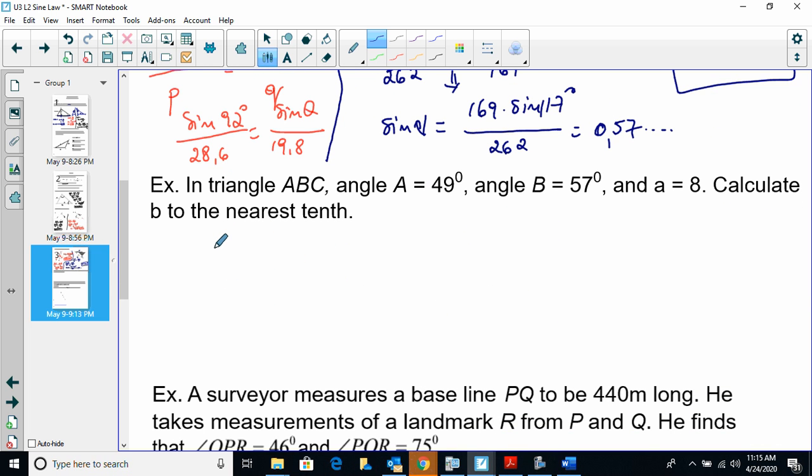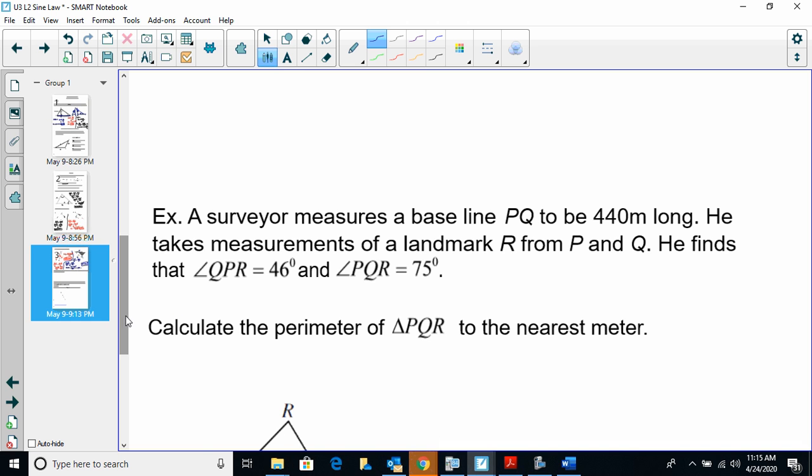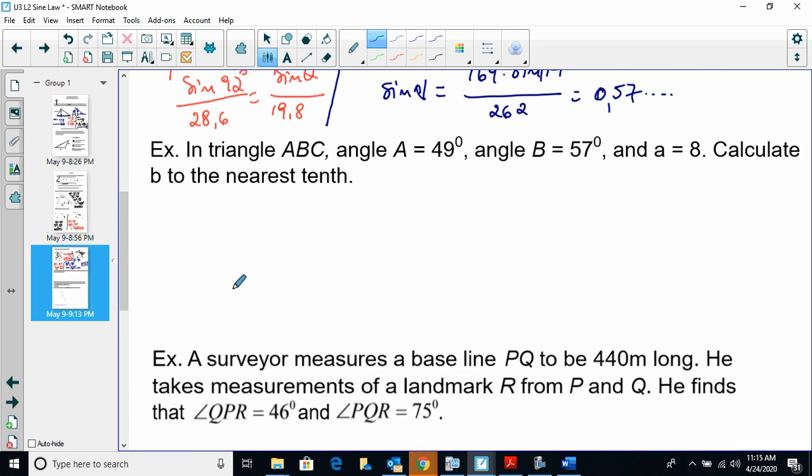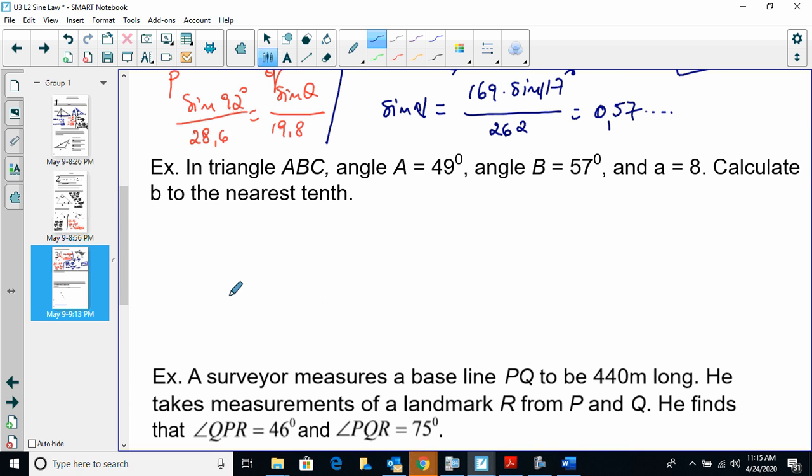Now we have another example on triangle ABC. The angle A is 49, angle B is 57, and a is 8. Calculate b. So we don't know how the triangle looks like. This gives us the liberty to draw a triangle any way that we want to.